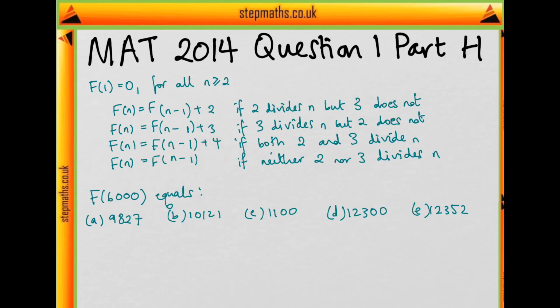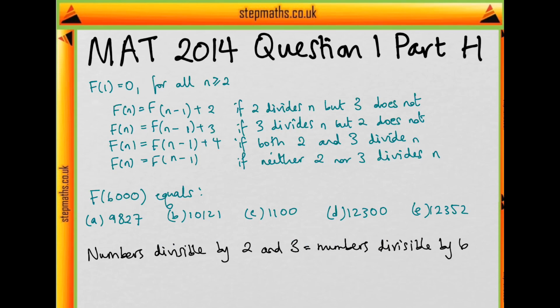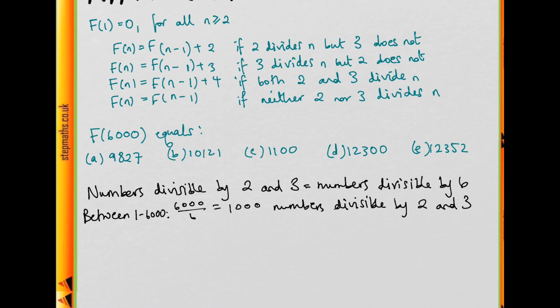Well, the numbers that are divisible by both 2 and 3 are just those numbers that are divisible by 6. And between 1 and 6,000, we're going to have 6,000 over 6, which is 1,000 of those. And we're going to have 6,000 divided by 2 equals 3,000 numbers which are divisible by 2.